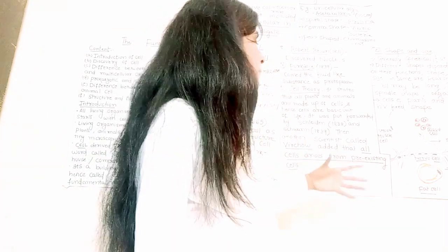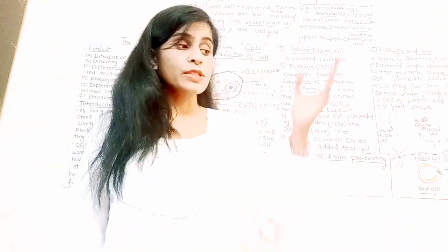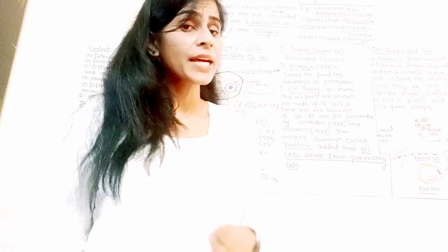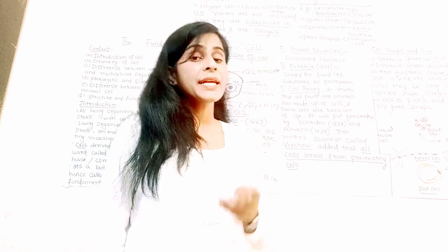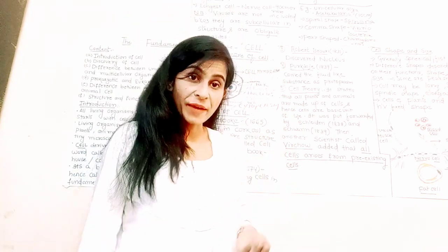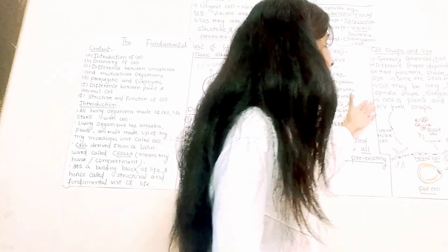So different shapes of cells are there, depending upon their structure and function. Cells may be spherical, disc, rod, spindle or pear shaped, based on the structure and function of the cells.